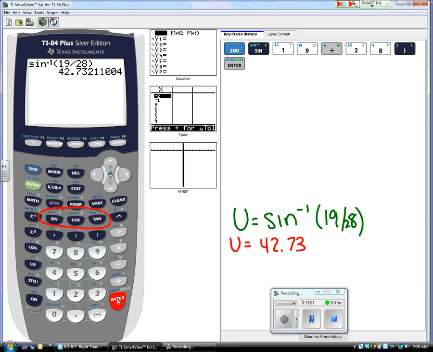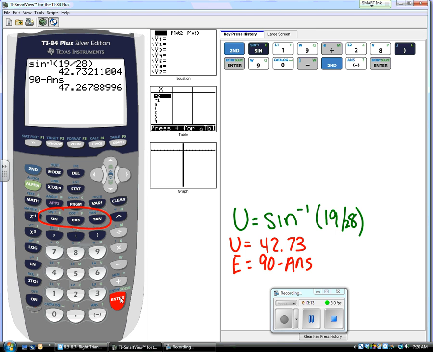The other angle we were looking for is angle E. That's going to be 90 minus this answer. 90 minus that answer, 47.27.